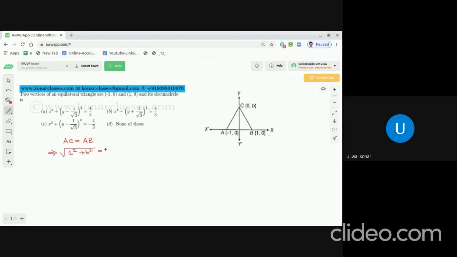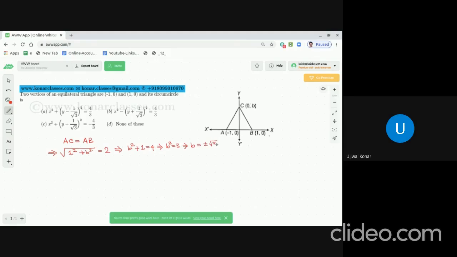So from here we get b square plus 1 is equal to 4. This implies b square is equal to 3, and this implies b is equal to plus minus root 3.